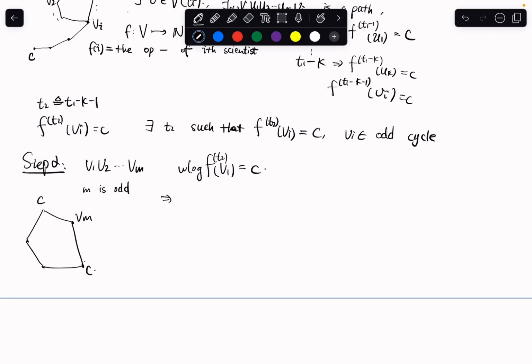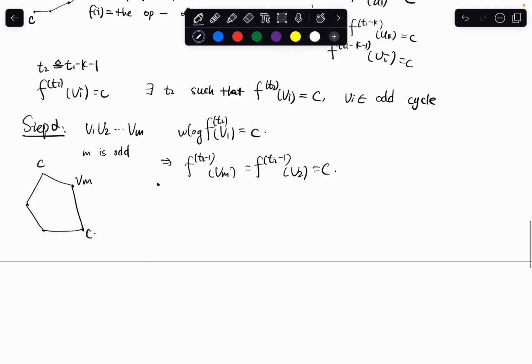Then we derive that f t2 minus 1 v, like f t2 minus 1 v2 is C. But we cannot derive that f t2 minus 1 v1 is C. Then it's like that is C, and then we derive that there's 3 C at this time.